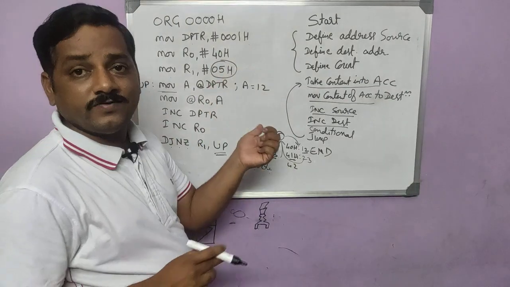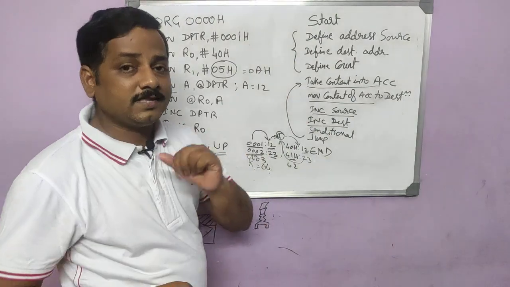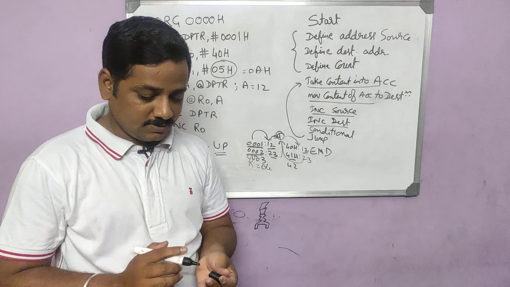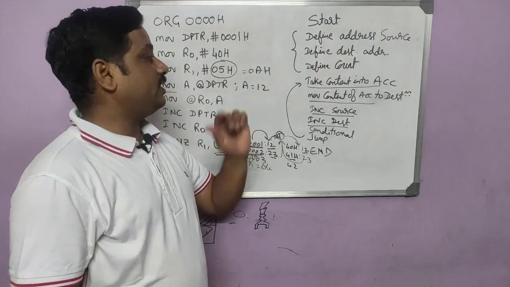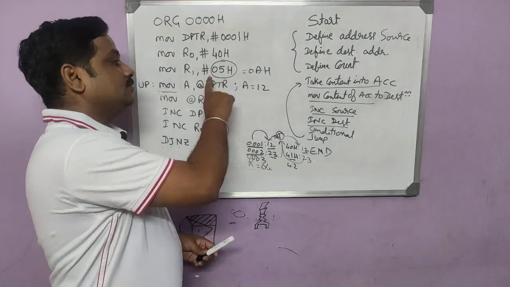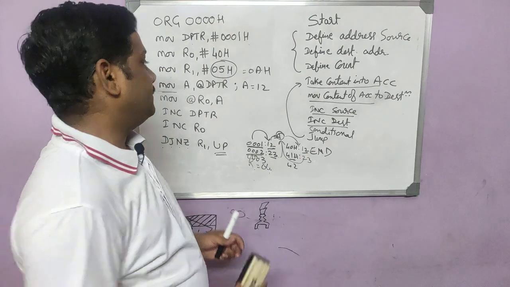Instead of writing 05H, you can write 0AH, because in hexadecimal, A is nothing but 10. We always use hexadecimals here, so you should be very careful. 0AH is nothing but 10 in decimal, sorry. So only by changing this, you can transfer any number of data, right?